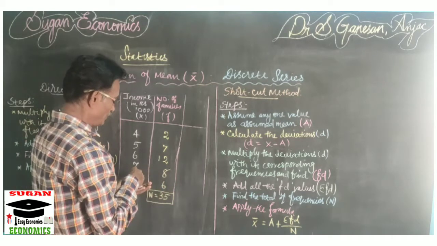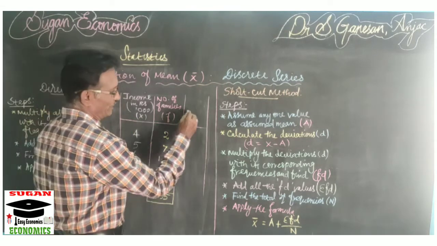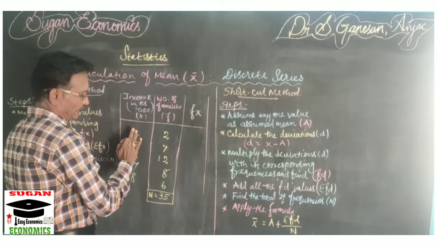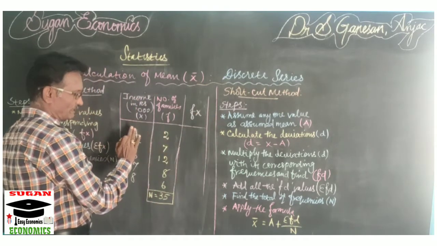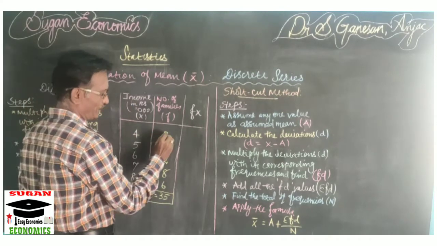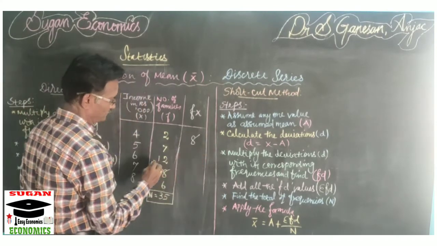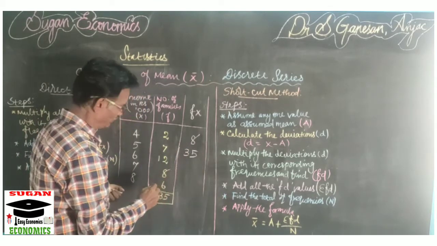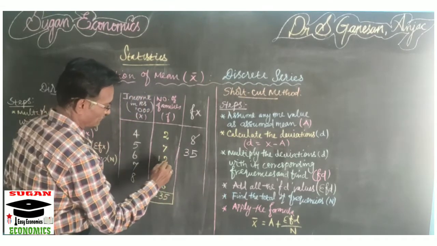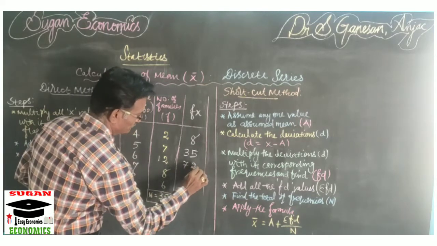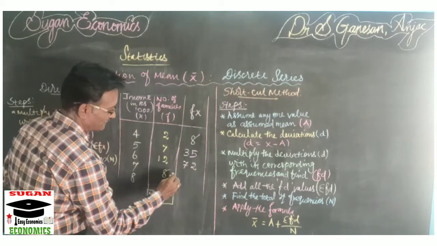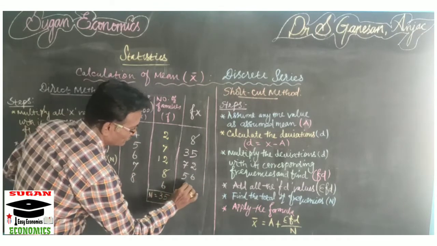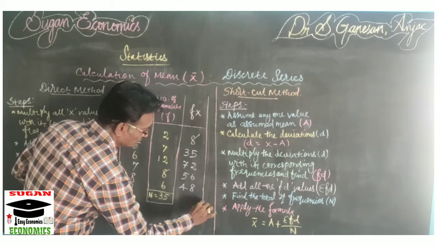Now you have to find fx. The fx is the frequency multiplied with the corresponding x value. So 4 into 2, 8. 5 into 7, 35. 6 into 12, 72. And 7 into 8, 56. And 8 into 6, 48. Right?